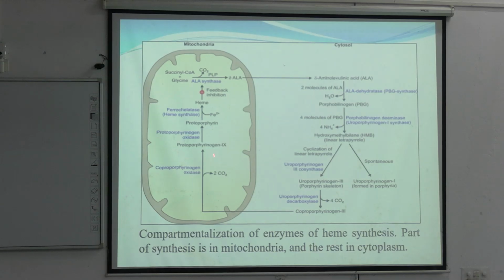Then all the oxidation steps convert the side chains only. Propionyl is converted to vinyl group. Then the bridges are formed in porphyrin, and then heme is formed from attachment of ferrous iron to the center of the ring. Clear? Everybody, all the 7 steps clear?